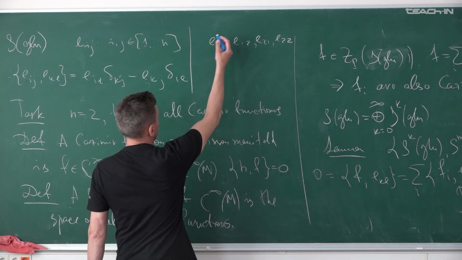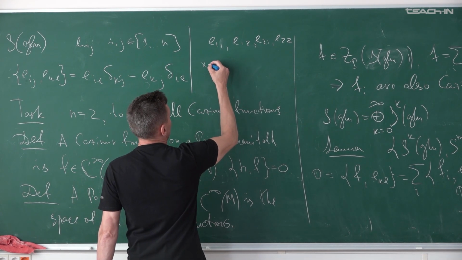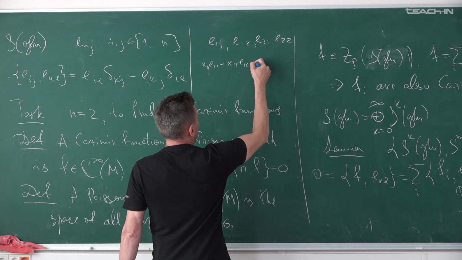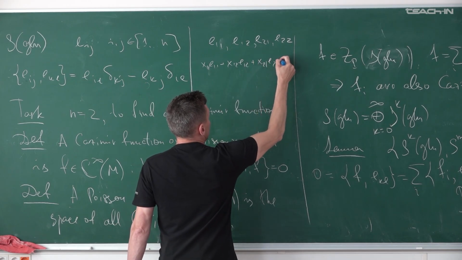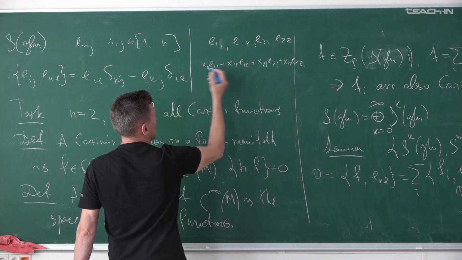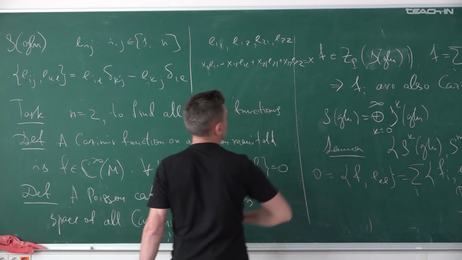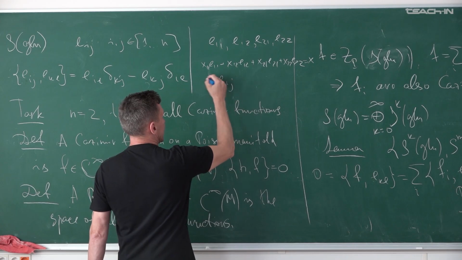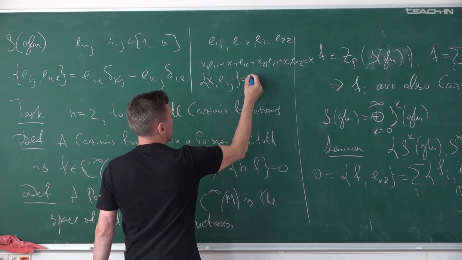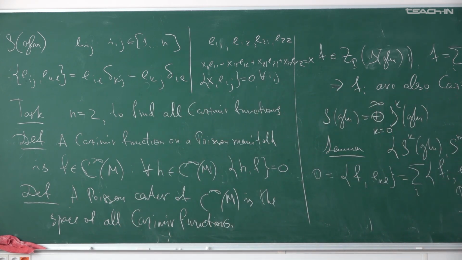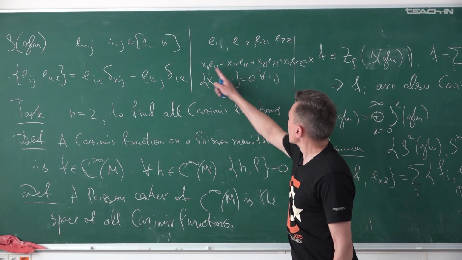So we have to consider x11, x12, x21, x22, and we should check that the bracket of x with Eij gives 0 for all i and j. It's a way to find the coefficients.